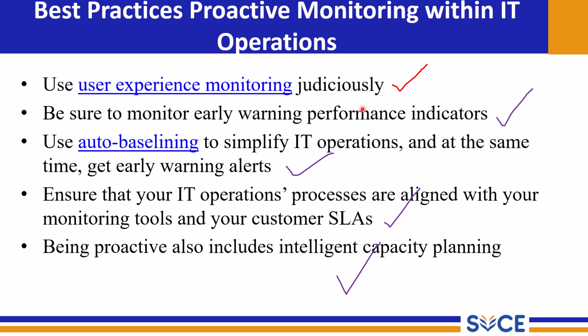Be sure to monitor early warning performance indicators. As we saw in an earlier discussion, there is a set of metrics that can provide administrators early warning indicators. So make sure your monitoring tools are configured to track and alert on such indicators. The third one is to use auto baselining to simplify IT operations and at the same time get early warning alerts.